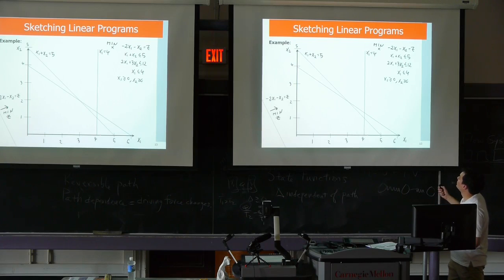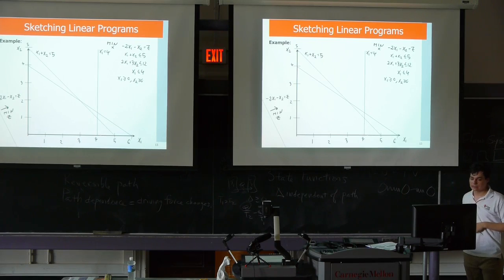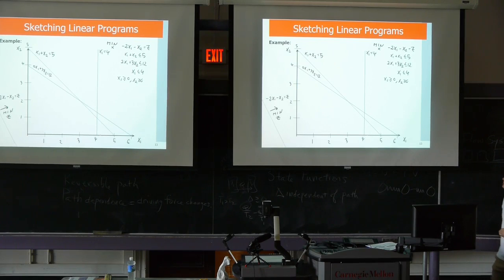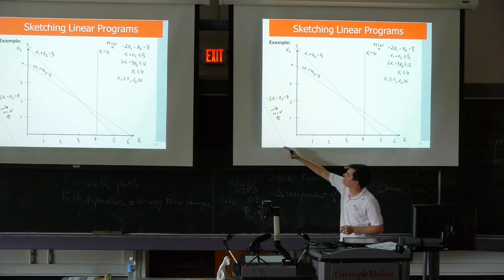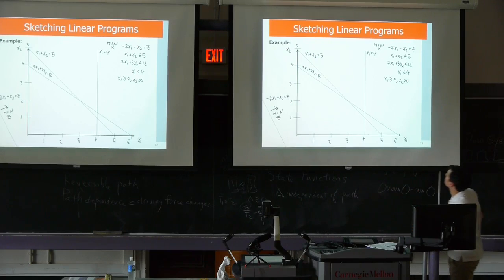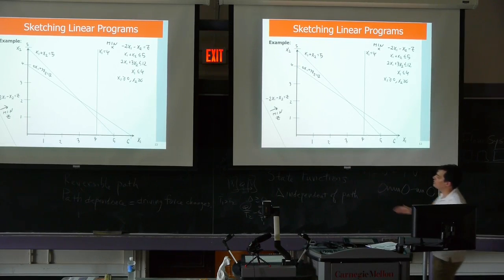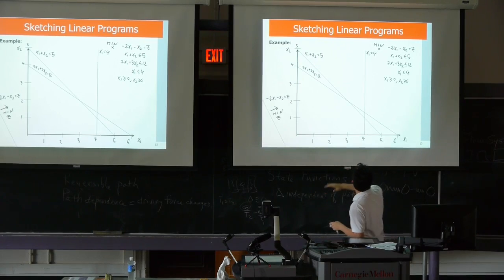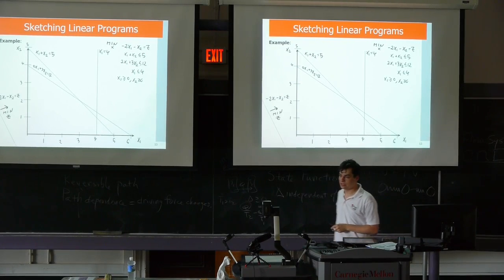And finally, the second constraint is that 2x1 plus 3x2 is less than or equal to 12. Okay, so we have these constraints. That's clear so far, right? And now the question is, if I want to minimize this, where to push this such that it will have a minimum value in z.